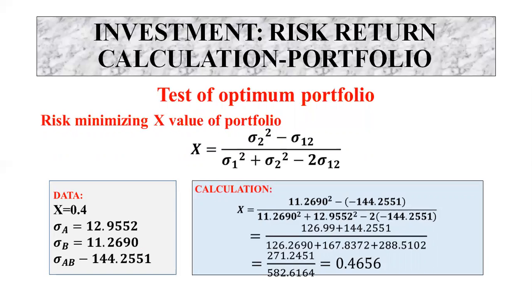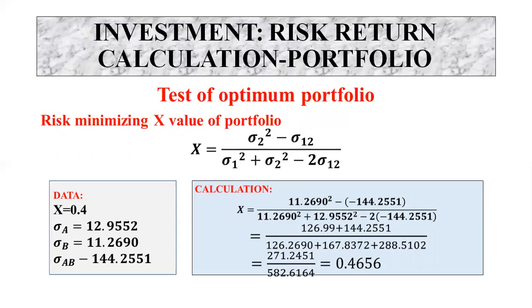For that, we have to calculate the risk minimizing X value of the portfolio, the formula for which we developed in the last lecture. The formula is sigma 2 square minus sigma 1 2 by sigma 1 square plus sigma 2 square minus 2 sigma 1 2.